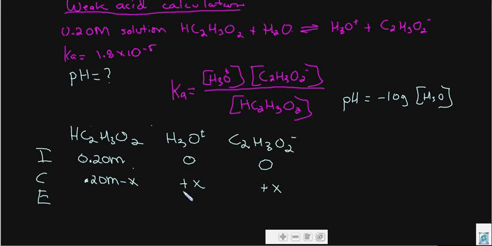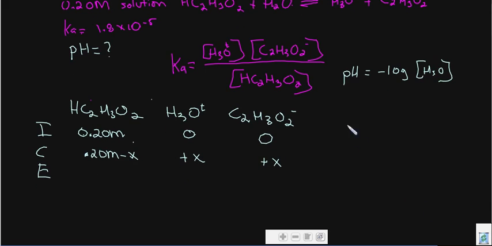All right, so as far as equilibrium goes, in order to solve for x, what we can do is we can take the Ka and plug it in. So here's our equilibrium constant expression, and now instead of writing Ka, I'm just going to write what it is. So the value of it is 1.8 times 10 to the negative fifth.